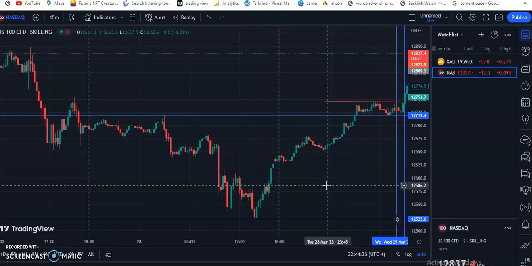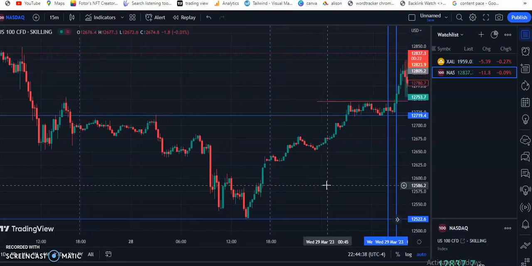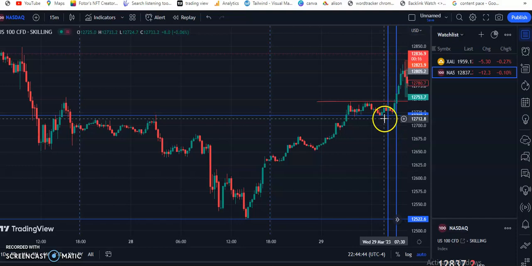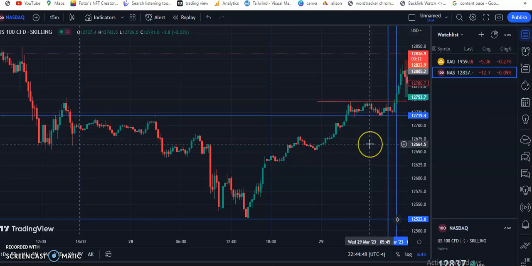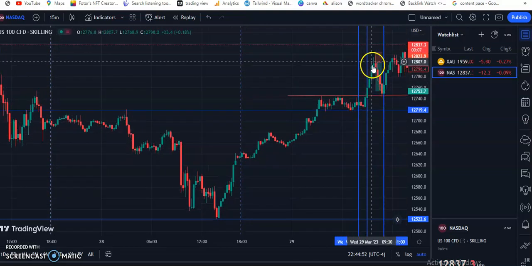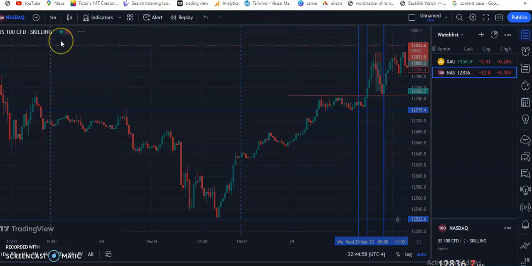So the first hour was actually irrelevant here because it broke out, but it broke out very fast. And as you can see, this was a breakout reversal.